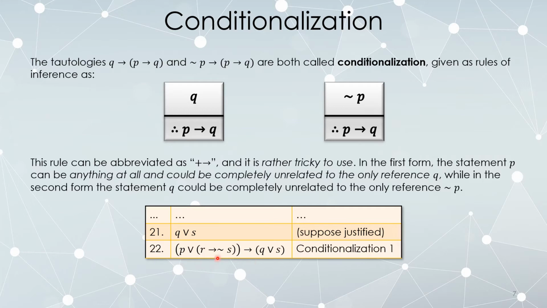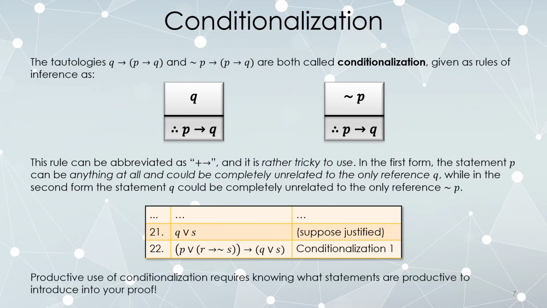But I could have put anything I wanted here as the hypothesis. It really wouldn't matter. They'd all be justified. That amount of freedom is kind of scary because it's not really clear often what hypothesis is going to be helpful because they are all allowed. So it takes practice to use this not just correctly, but also in a useful manner to completing your proof.